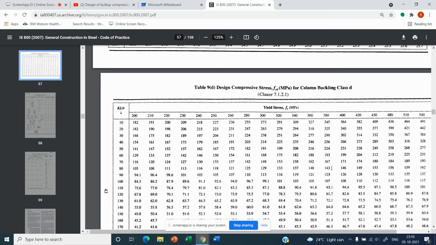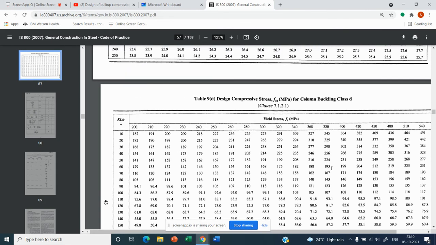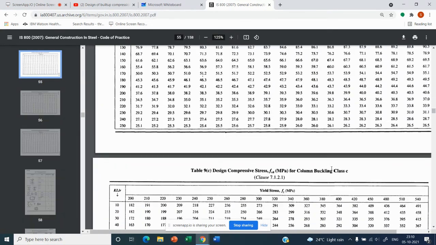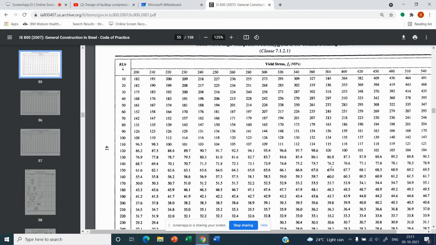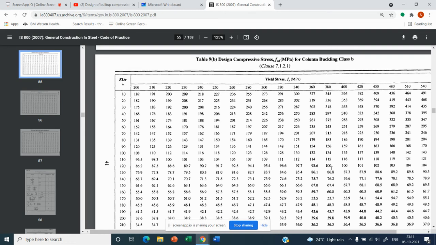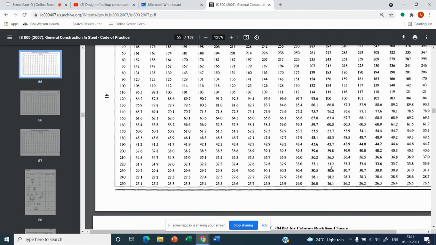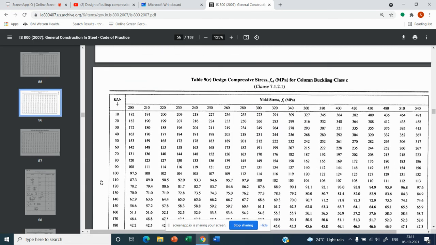Yes, this is the design compressive stress fcd. For curve C we have to go for curve C. Here, you can go to 250, and KL by r was 115.94.